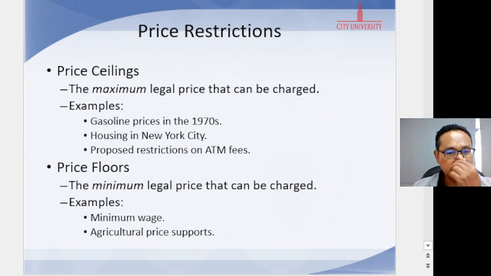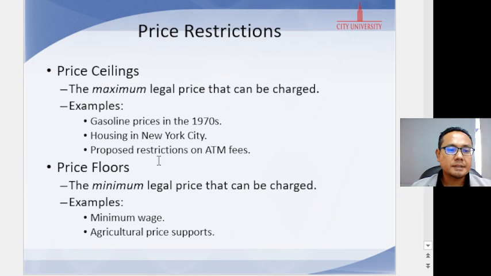The previous session showed how prices and quantities are determined in the free market. In some instances, government places limits on how much prices are allowed to rise or fall, and this restriction can affect the market equilibrium. So in this section, we will see what we call a price ceiling and a price floor.